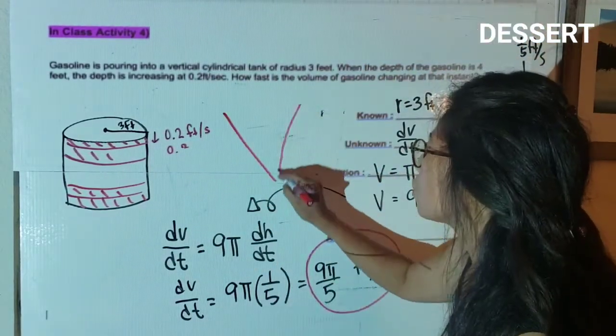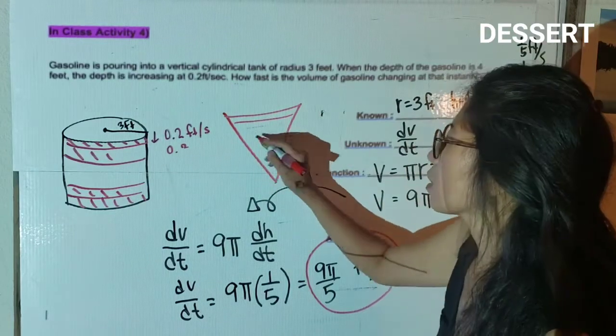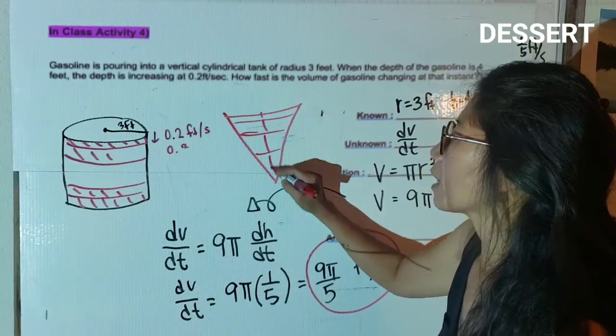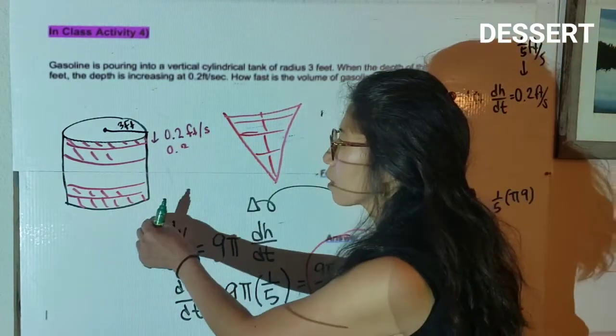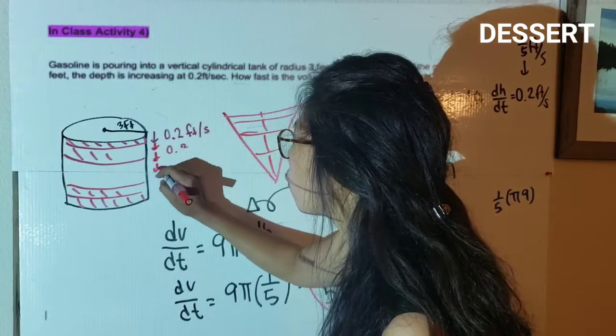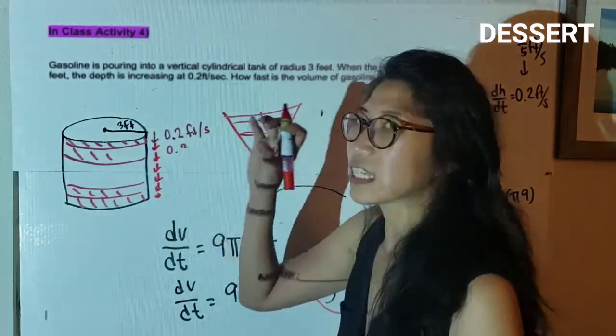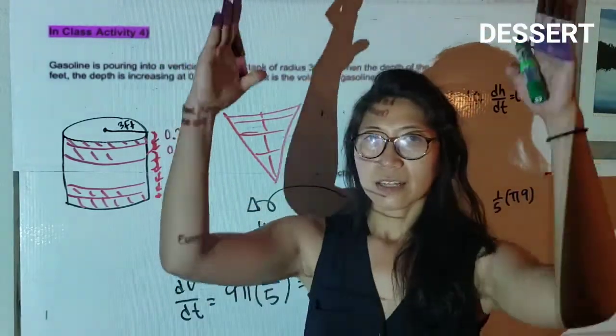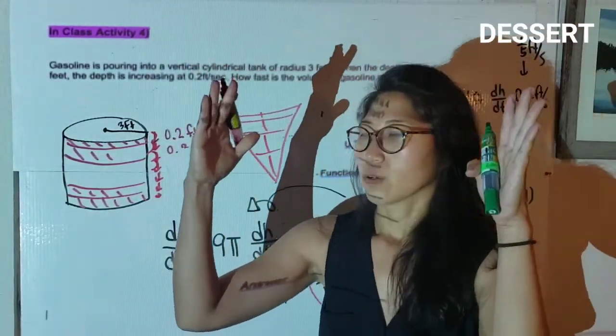The volume is not changing your radius or height relatively. So in this case, every time you go 0.2 feet, each time your volume is going to change the exact same amount, here, here, here, because the shape is just a cylinder, okay?